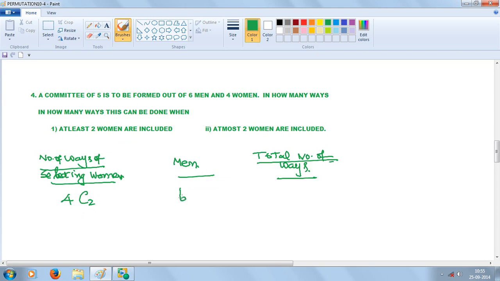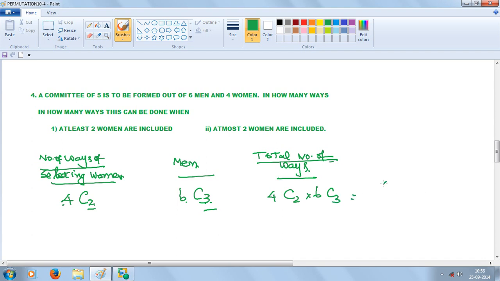It should be out of 6, combination 3 men. See, this 3 plus 2, you are getting a committee of 5. Women available 4, 4C2. Men available 6, 6C3. So if we have to combine these two, the total number of ways is 4C2 multiplied by 6C3.